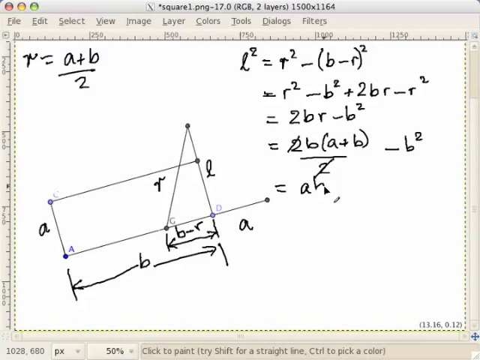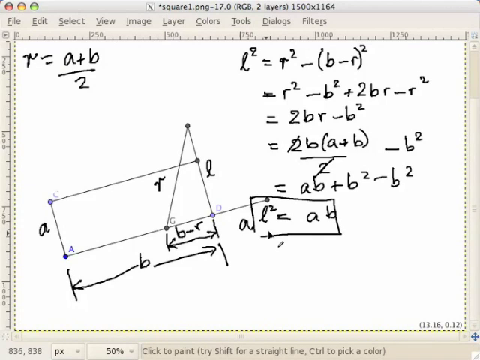So that's now equal to AB plus B squared, and here's my minus B squared. The B squareds cancel to 0. I've just worked out that L squared is equal to AB. I've just said that L squared would be the area of this particular square. What's AB? AB is the actual area of the rectangle.